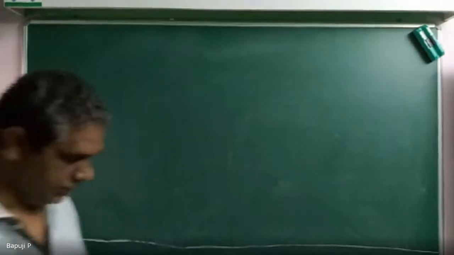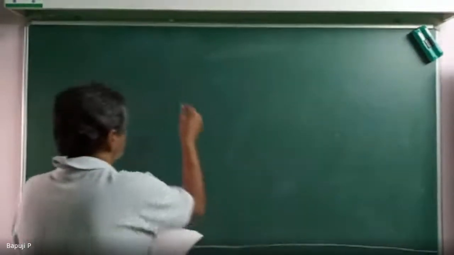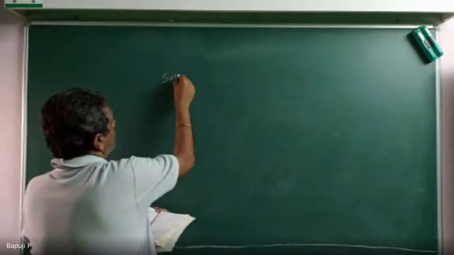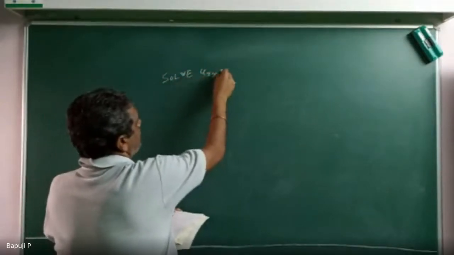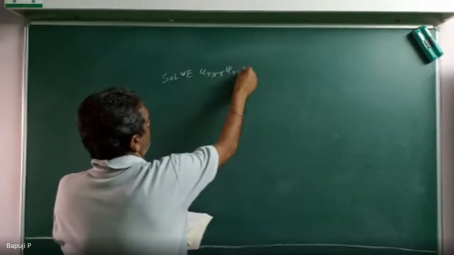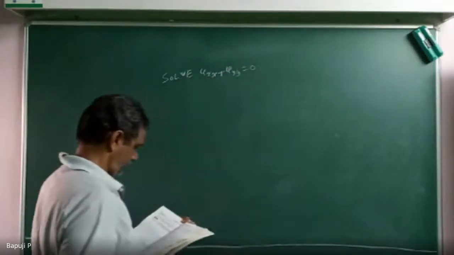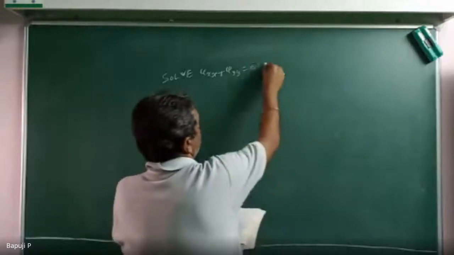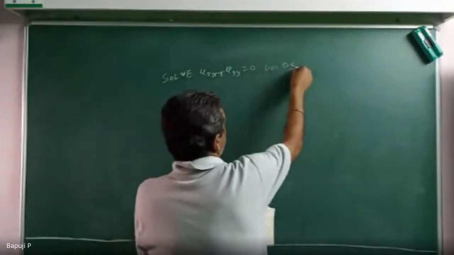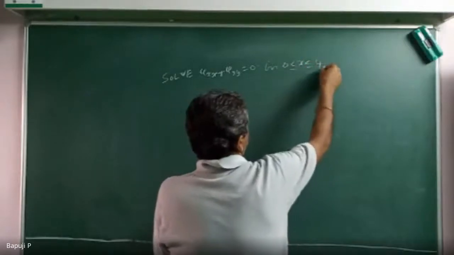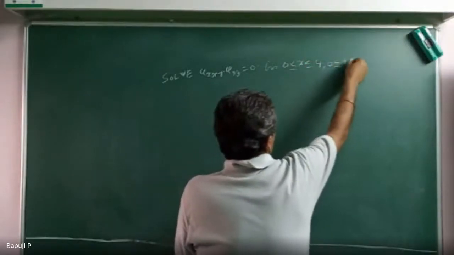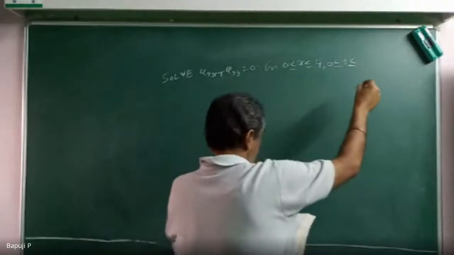Now take the question. Solve Uxx plus Uyy is equal to 0. The boundary conditions are given in 0 less than or equal to x less than or equal to 4, 0 less than or equal to y less than or equal to 4.